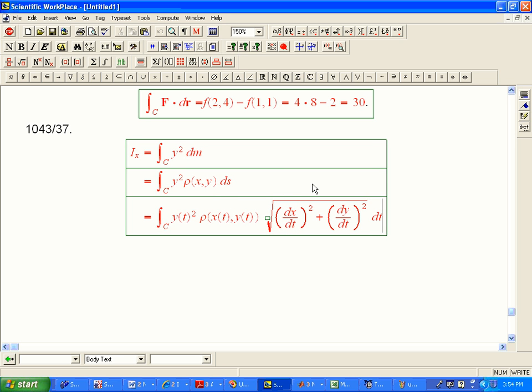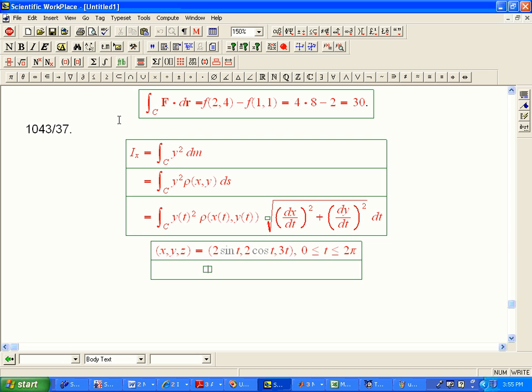times dt. So, for example, we've got the wire in exercise 35. It's a helix. So there we've got xyz equals 2 sine t, 2 cos t, 3t, and t from 0 to 2 pi.